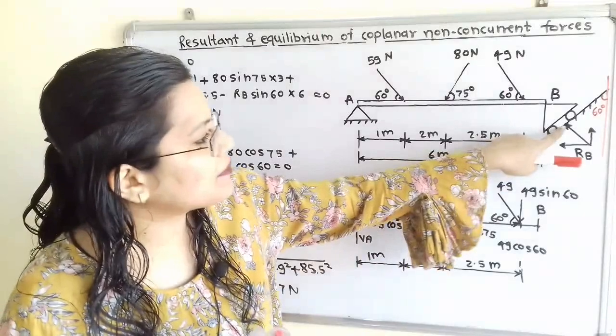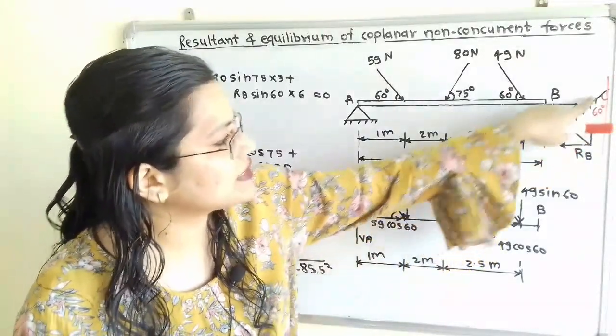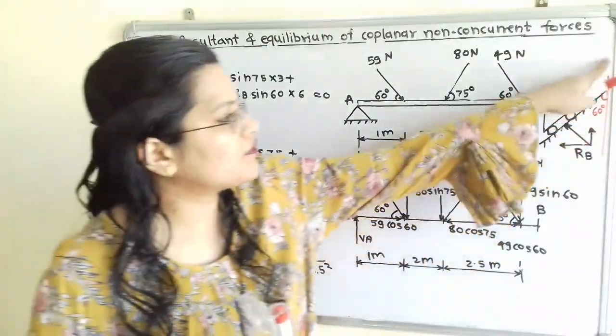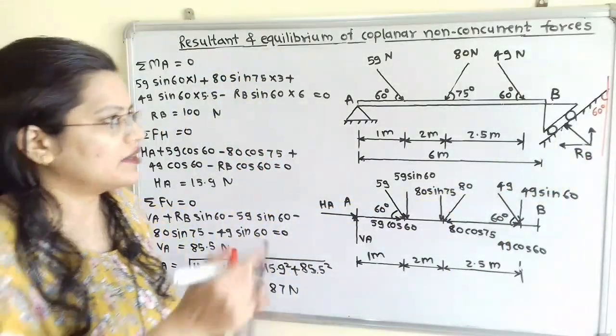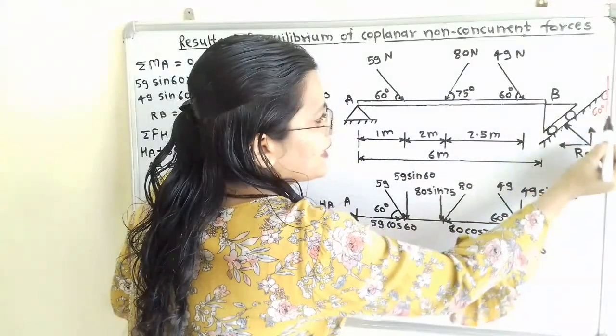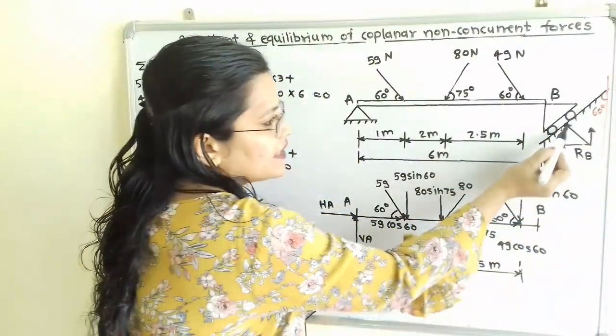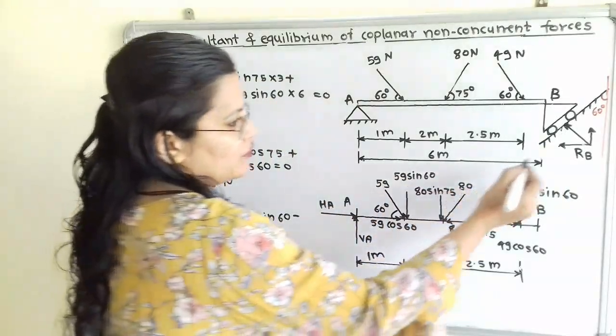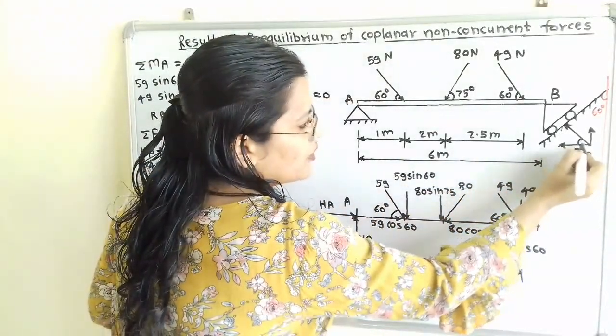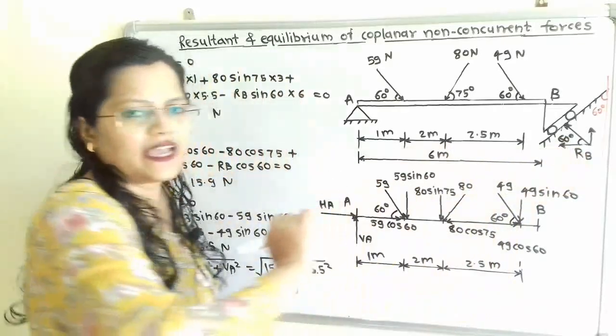Now this RB is perpendicular to this inclined line, and this vertical line is perpendicular to the horizontal line. So if these two lines make an angle of 60 degrees, then these two perpendicular lines also make the same angle at the point of contact. So this is the point of contact and here is the 60 degree angle.